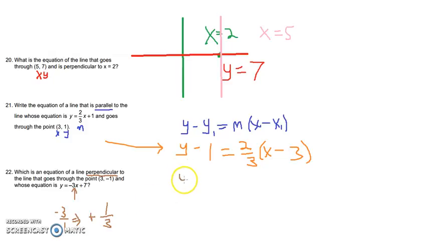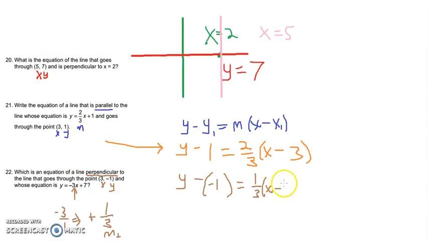It's going to be y minus, here's x, here's y, here's m perpendicular. Okay, so y is -1 equals, your m is +1/3 times x minus 3. Where did my mouse go?